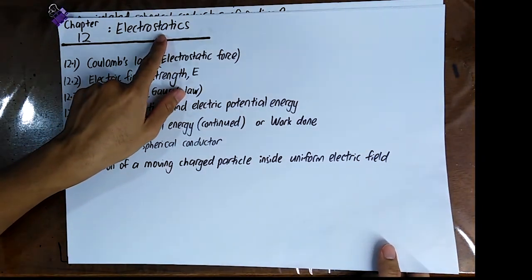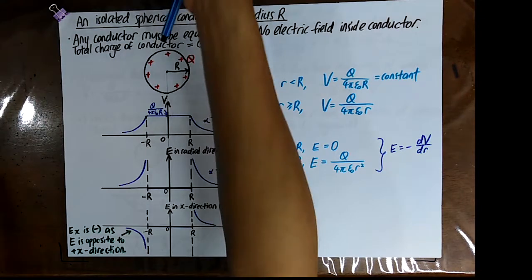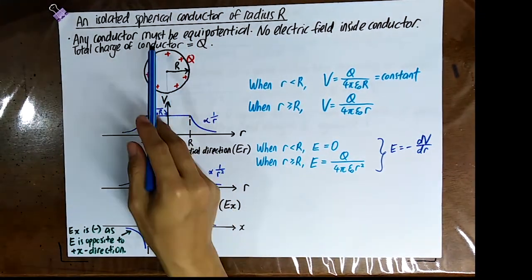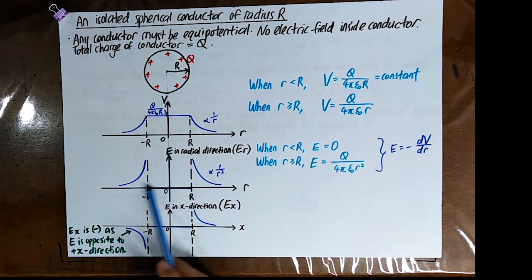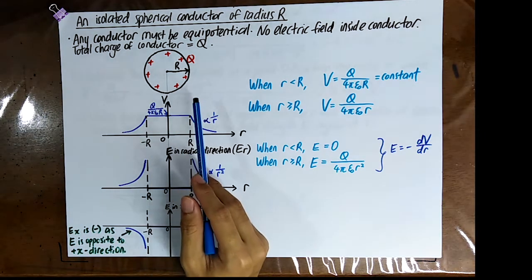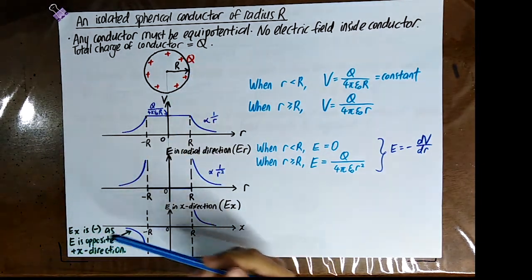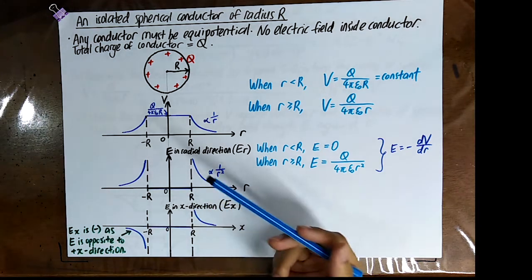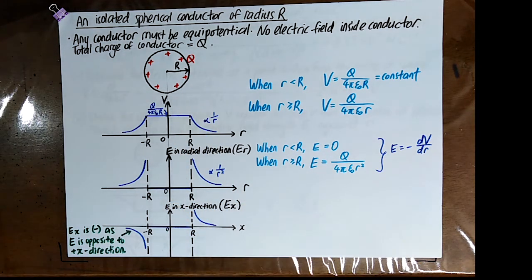Do you really expect to see the word current in this chapter? Of course not. So you have to remember that inside an isolated conductor, the electric field must be 0 so that the free electrons will not be accelerated, so that there will be no current inside the conductor. Because if there is any current in the conductor, that is already in another chapter.